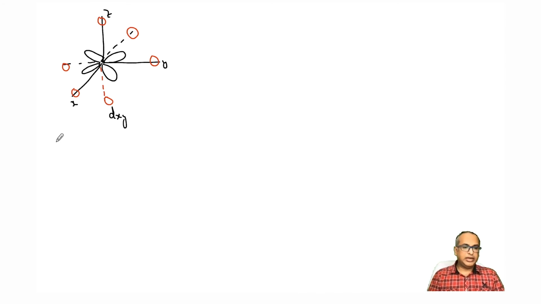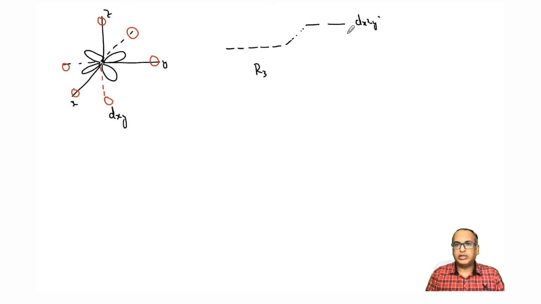So this would mean that my energy level diagram would look like this. So I have R3 symmetry, and these two orbitals are increasing in energy, dx square minus y square and dz square, and three orbitals are decreasing in energy relative to this.